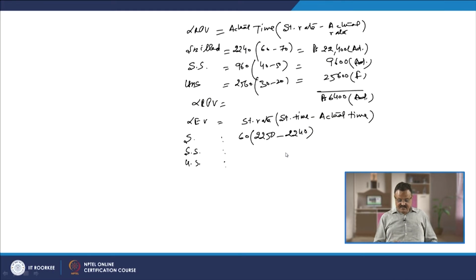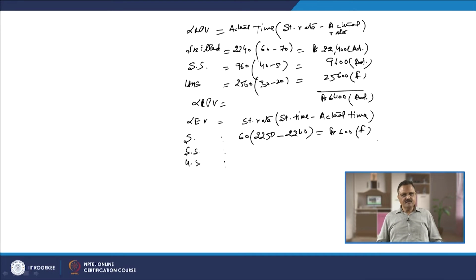So, we have calculated this way: the standard rate is 60, and the standard time we have calculated are the labor weeks. The standard labor weeks in case of the skilled category of workers were 2250, and the actual labor weeks we have used are 2240. If you calculate this variance, it will work out as rupees 600 favorable, because standard time was 2250 and actual time is 2240.